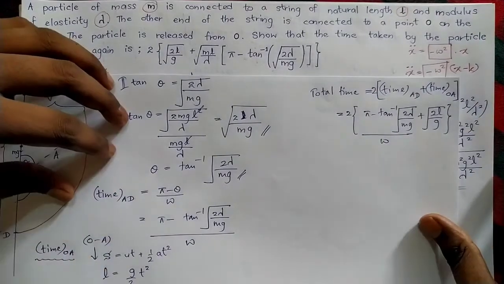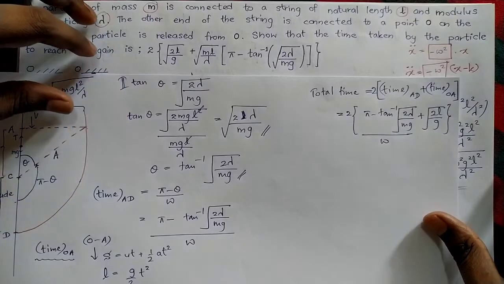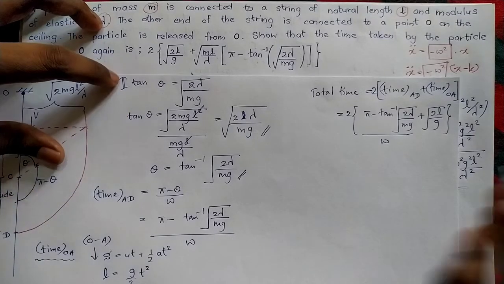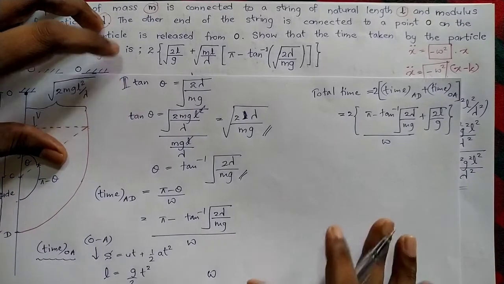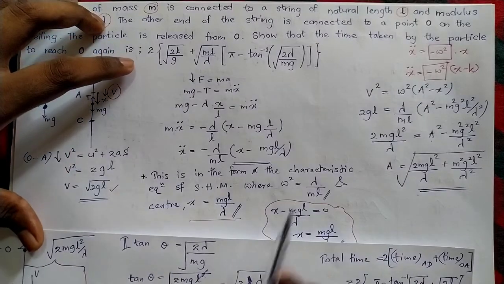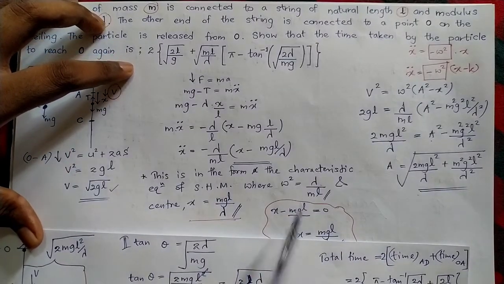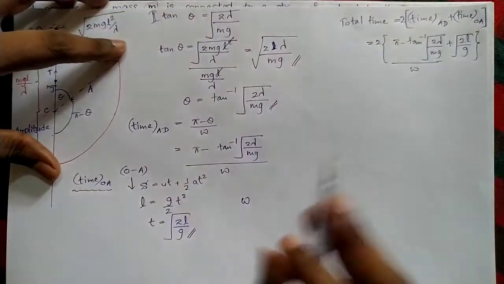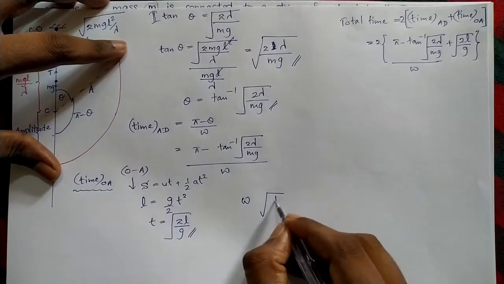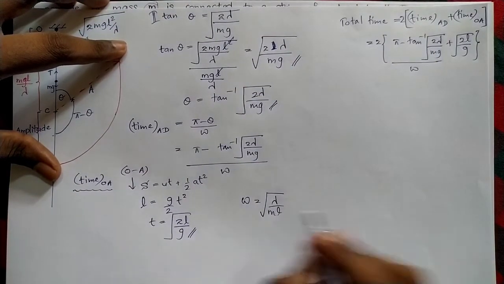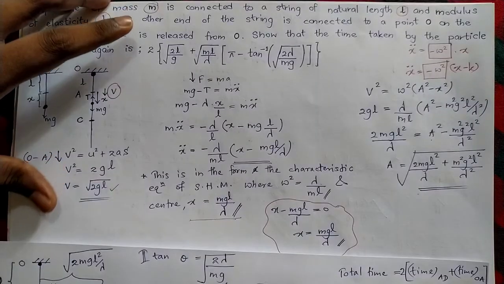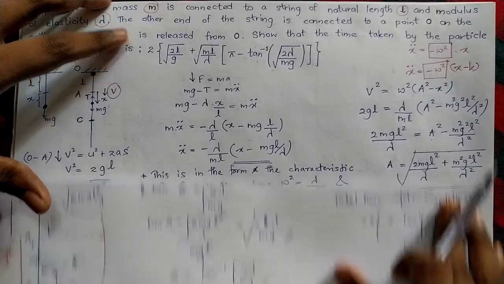Then how to simplify this omega? From this calculation we have omega as the square root of lambda over ml.